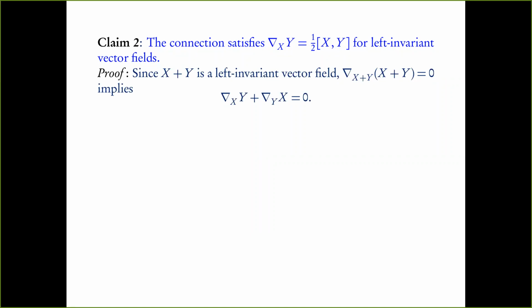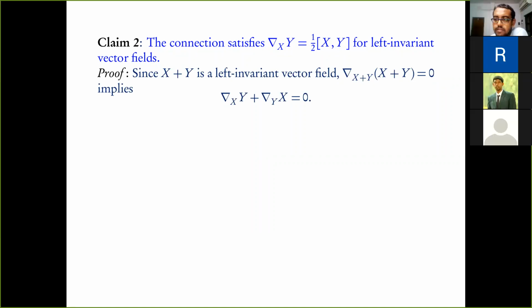Okay, so at this point, you should ask, we haven't quite made full use of nabla being the Levi-Civita connection. In the sense we have, but we haven't used many of its properties, metric compatibility, torsion free. So what is the relevant property that we can use here? Torsion free, okay.